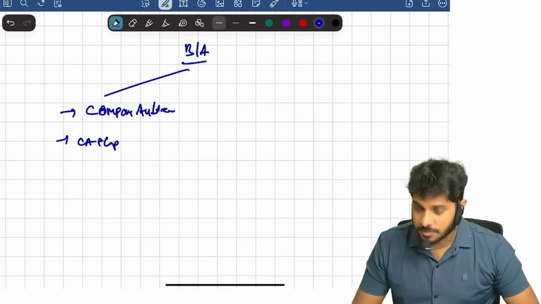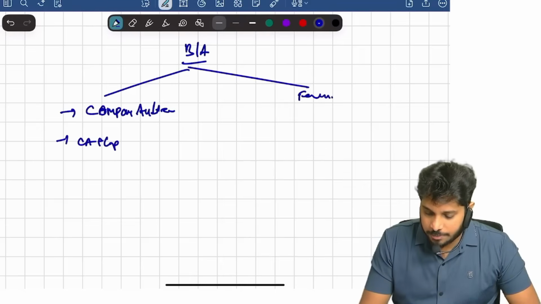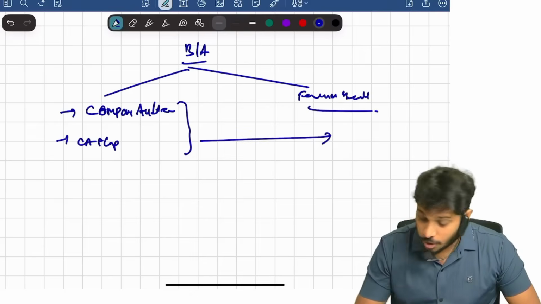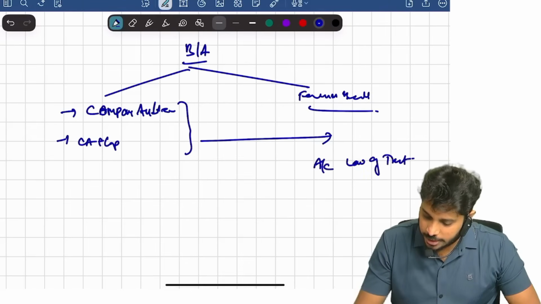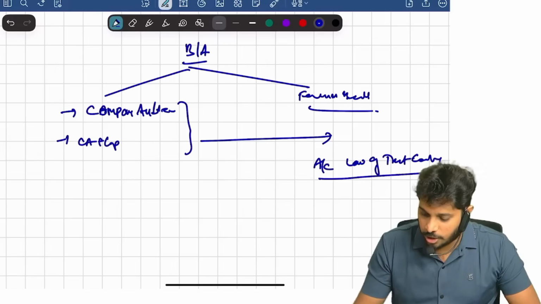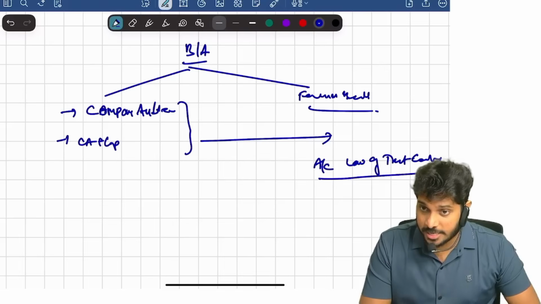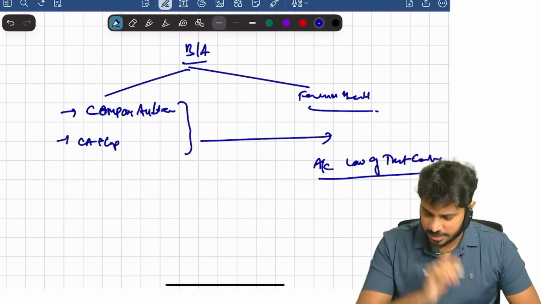Are you clear? In case of a foreign branch, these two can act as an auditor, or an accountant as per the law of that country can also be appointed as an auditor for the branch.